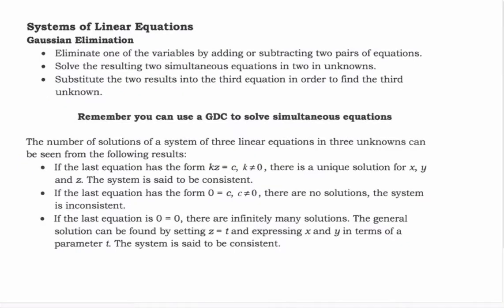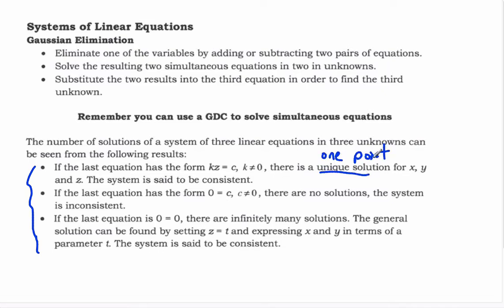Okay, so here's some procedures that we're going to do to solve these systems of linear equations. We're going to eliminate one of the variables, solve the two simultaneous equations for the two unknowns, and then we can figure out what's happening. These are the three different cases that happen. If you get a unique solution, that's like 1 point.